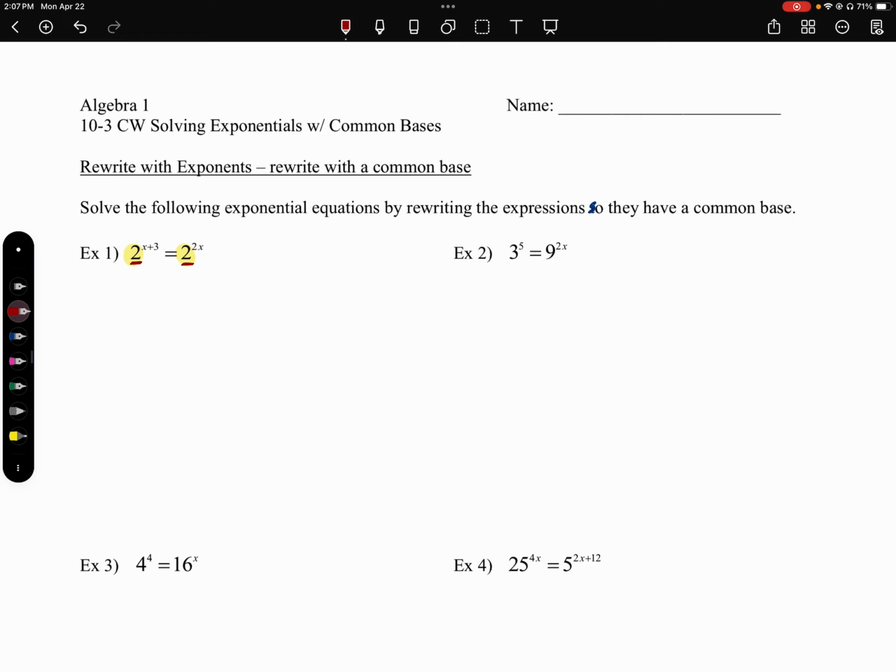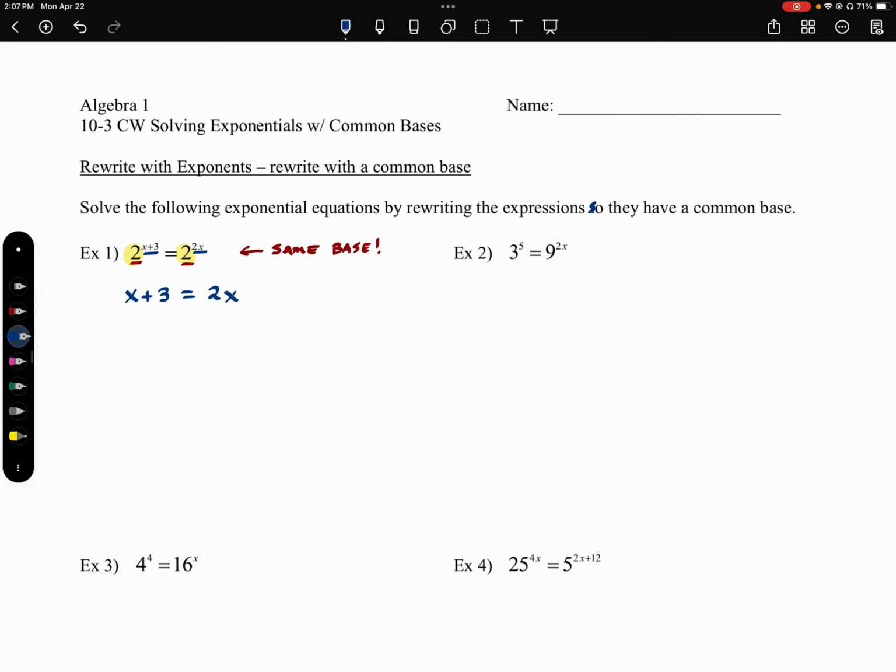Since these have the same base, we're just going to take our exponents, x plus 3 and 2x, and make a new equation. We're going to set those equal to each other. So x plus 3 equals 2x.